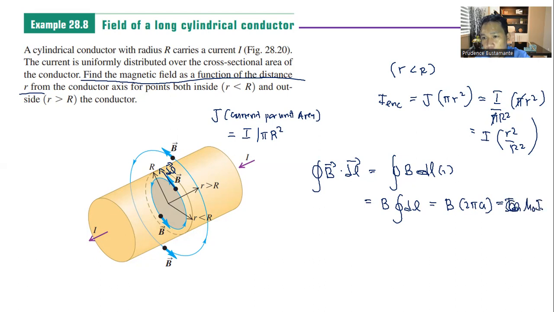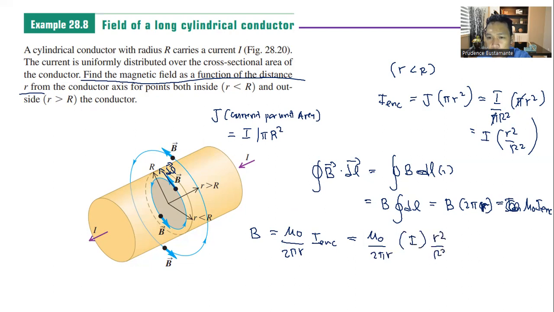is equal to μ naught I enclosed. Okay, so here B is equal to μ naught over 2πr times I enclosed. So we know that the enclosed I is equal to I times r squared over R squared.